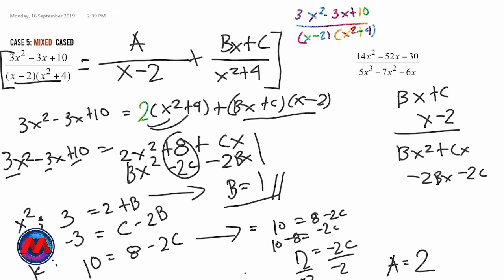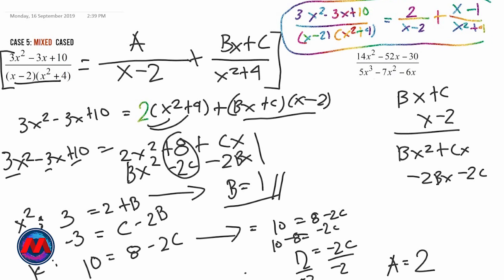That would be equal to A, which is 2 over x minus 2, plus B. Ano yung b natin? B is 1. So that's x plus minus c, kasi joke lang, minus 1 over x squared plus 4. So, ito na po ang ating final answer, guys.